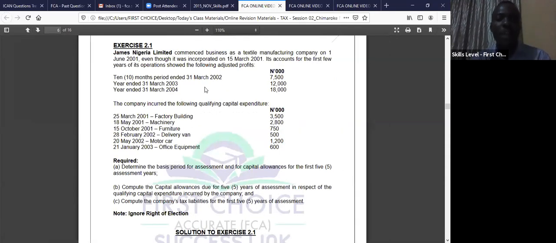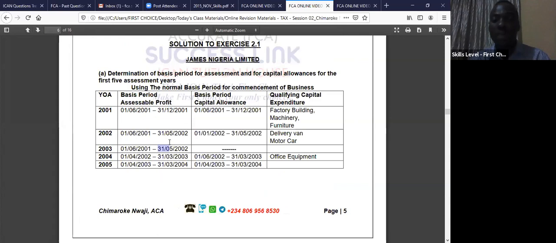Because on April 1 the business is not in place, you cannot achieve 12 full months in the third year. And so this is another rule for commencement of business. When you cannot achieve 12 full months in the third year, all you need to do is to repeat the second year as the third year.